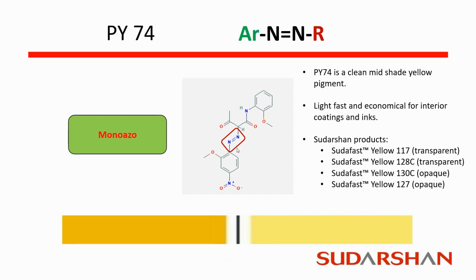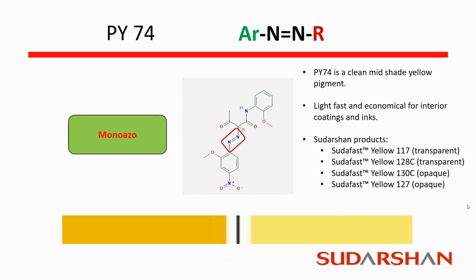There's one azo functionality in this particular chemistry. The yellow 74 is more of a mid-shade yellow, in between that red shade, green shade space that we reviewed earlier. It's a great light-fast and economical pigment, primarily for interior coatings and inks.